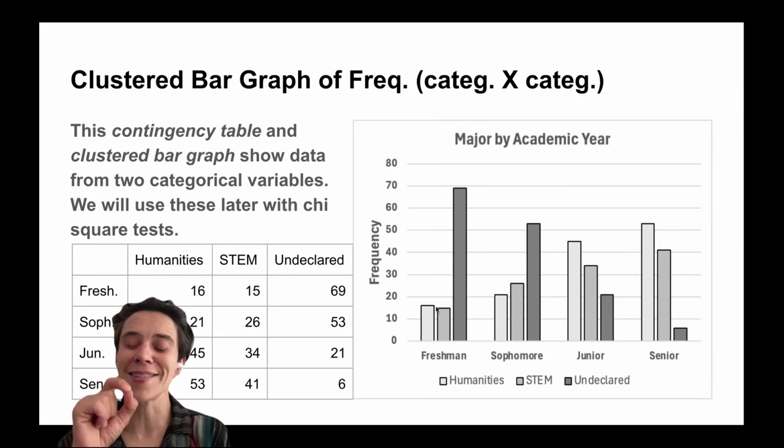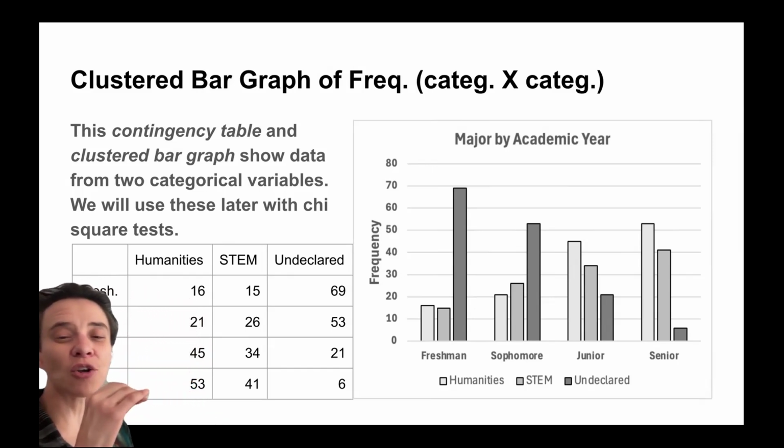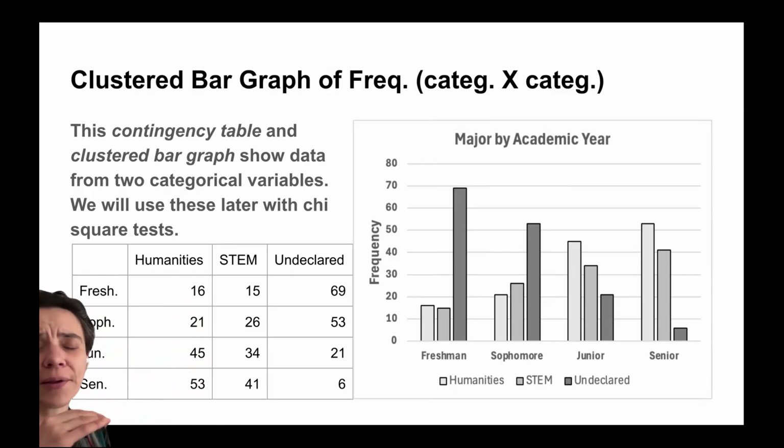But if you had a graph that had more divisions on the axis, you could get some specific calculations out of it in terms of frequencies. So, clustered bar graph of frequencies. Again, one of your variables ends up going into a key, and you indicate which bars are which based on color or shading, and then you cluster the bars by the other variable. We'll come back to those with chi-square tests, like I said.